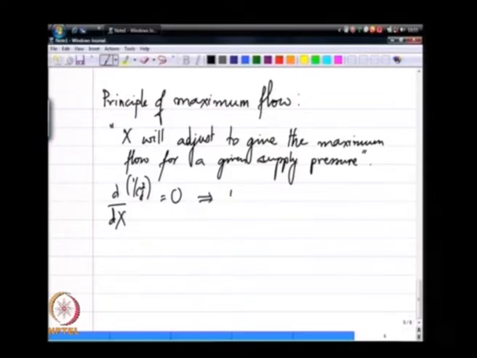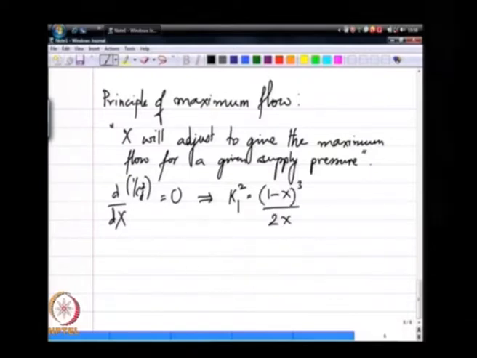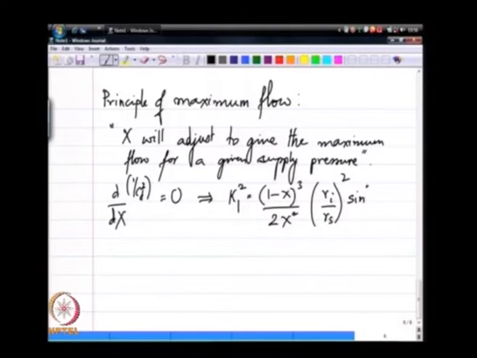I will find k 1 squared. So, I have a value for k 1 related to x now. This is coming from this principle of maximum flow.